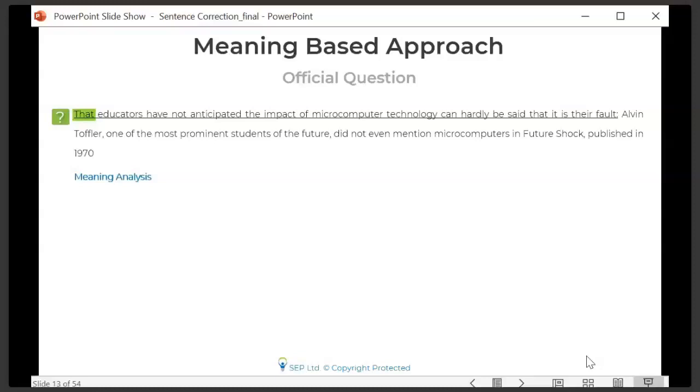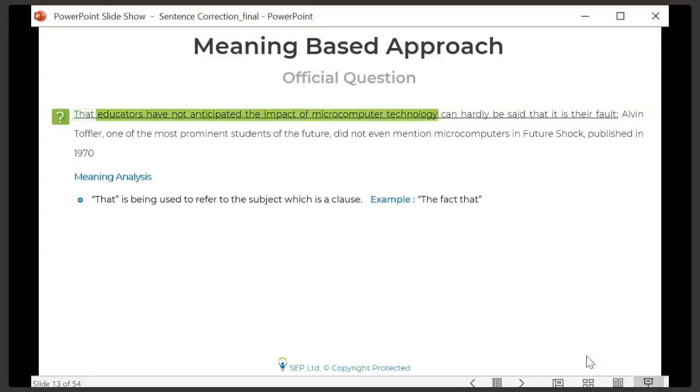That something can hardly be said, okay? Here, that is being used to refer to the subject, which is a clause. It is like saying the fact that, okay? So that educators have not anticipated the impact of microcomputer technology.